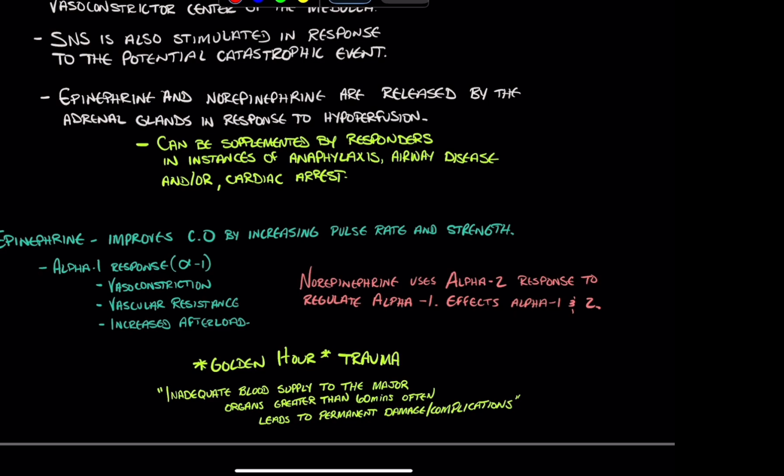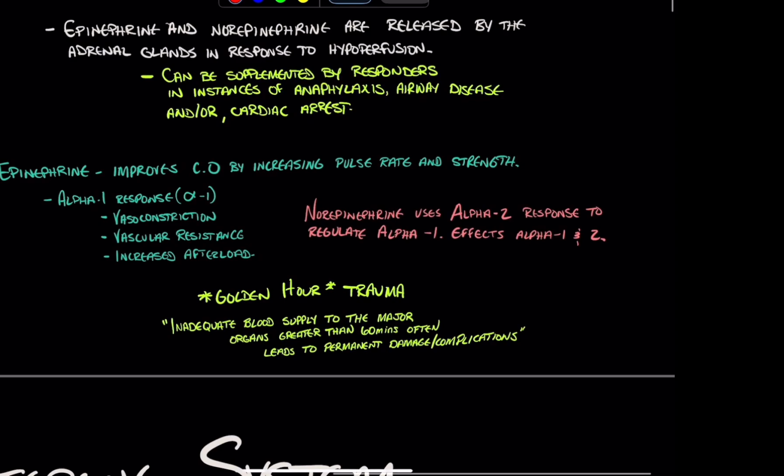Norepinephrine, that's the second hormone that's also released, and it's more focused on the alpha 2 response, and it's used to help back regulate a little bit of the alpha 1 effects. It also is used to modulate alpha 1 and alpha 2 receptors.